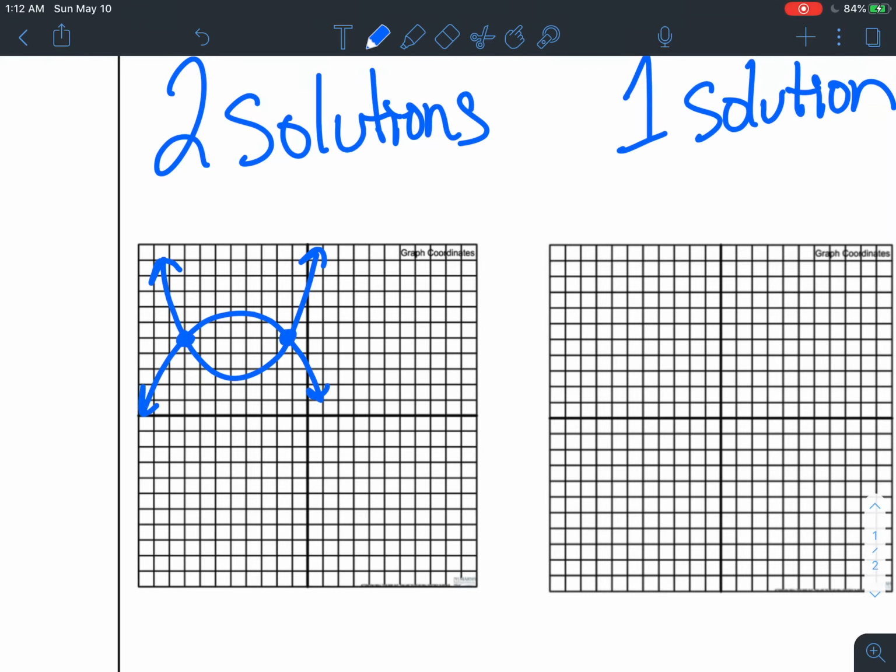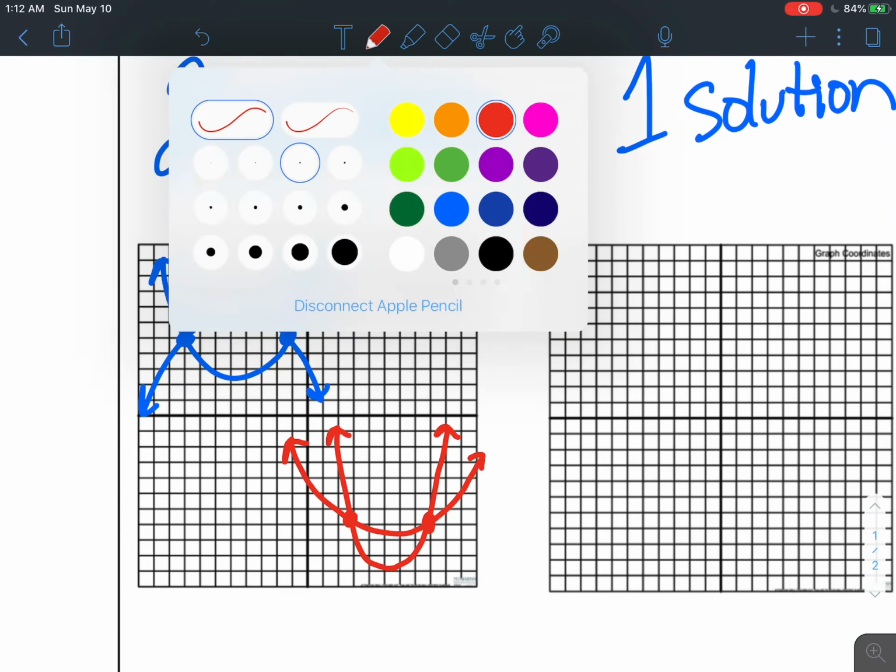They intersect right there and right there. It is also possible for parabolas to open the same direction and still have two intersections, which I'll graph down here in red. Usually that's because one is wider or narrower than the other. You could have parabolas facing the same direction that still intersect twice.